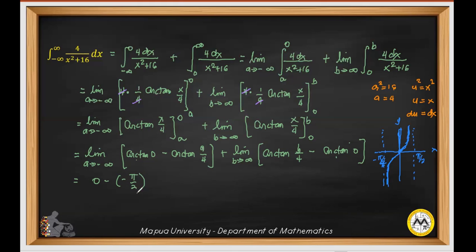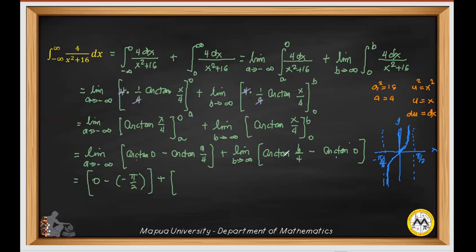So this is it. Okay, then we have a plus the limit of arctangent of b over 4 as b increases without bound. So if this increases without bound, then the value will approach pi over 2.